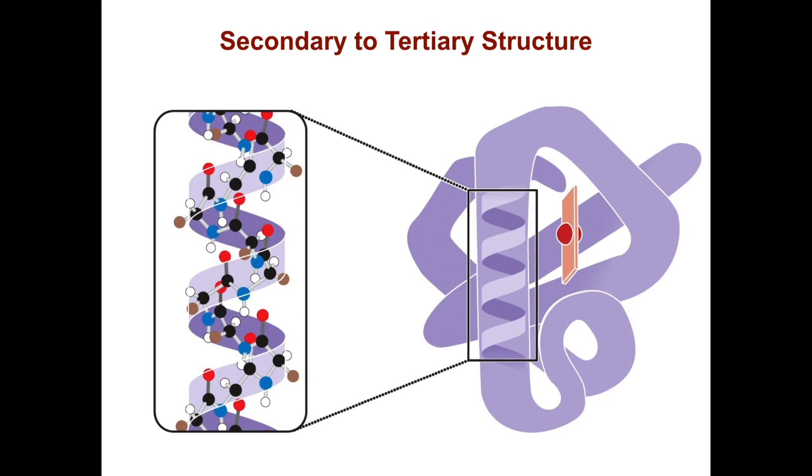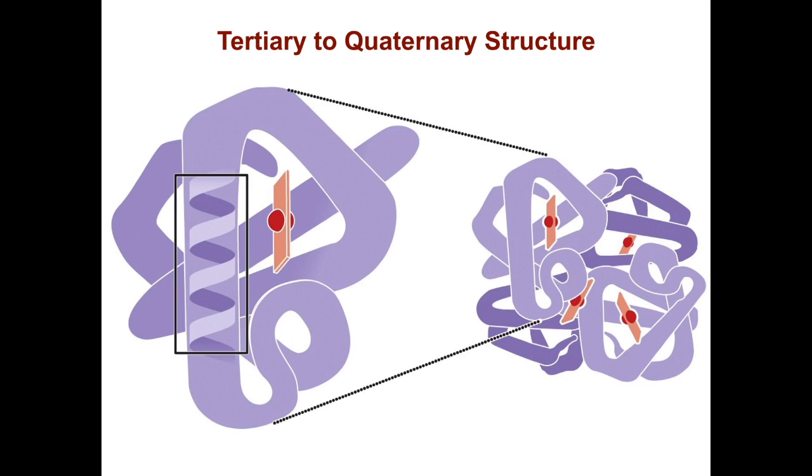But in some cases, proteins that have adopted their tertiary structures can interact with other proteins to form a larger complex, and this is the quaternary structure. At this point, we have created a functional protein that can act in the cell. So translation's work is done.